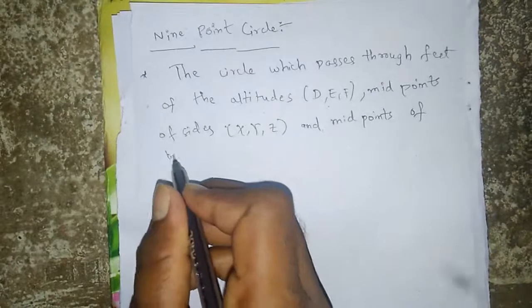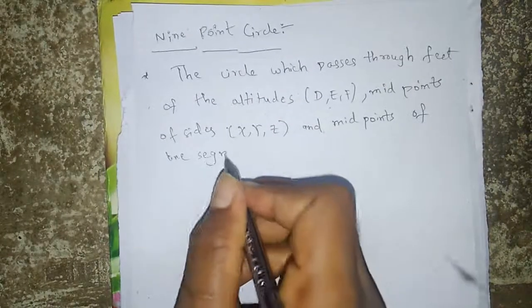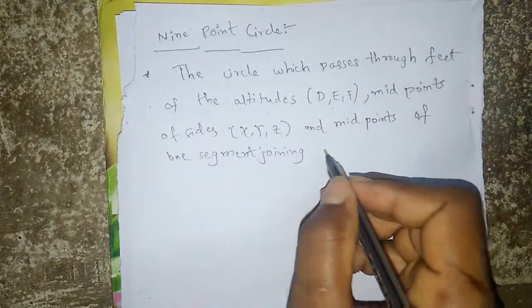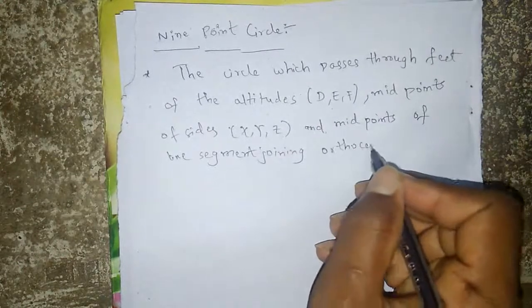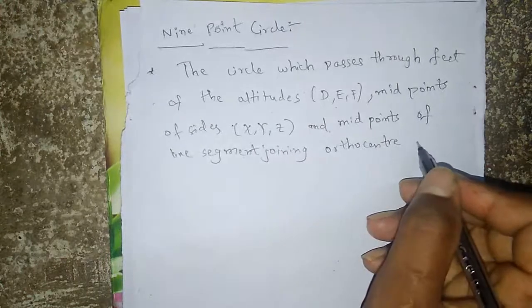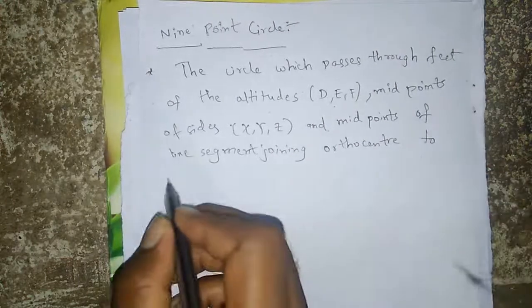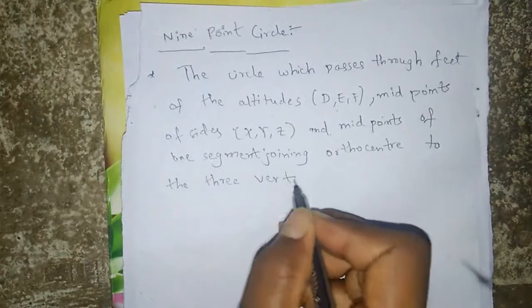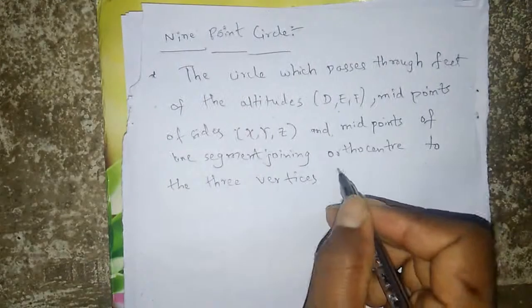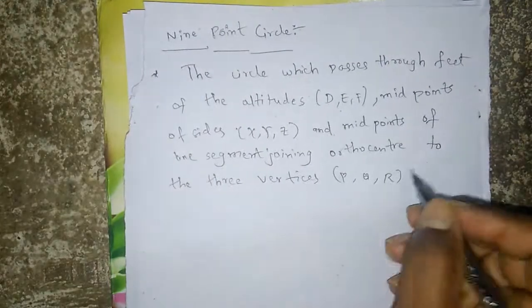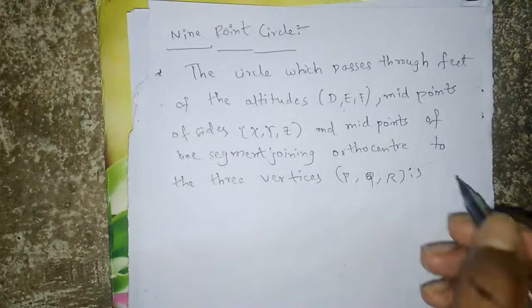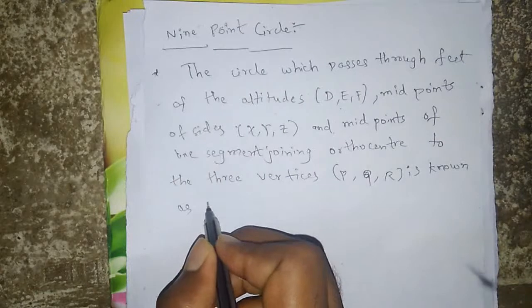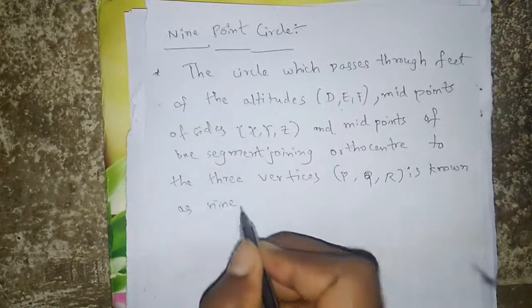of line segment joining orthocenter to the three vertices, P, Q, R, is known as 9-point circle.